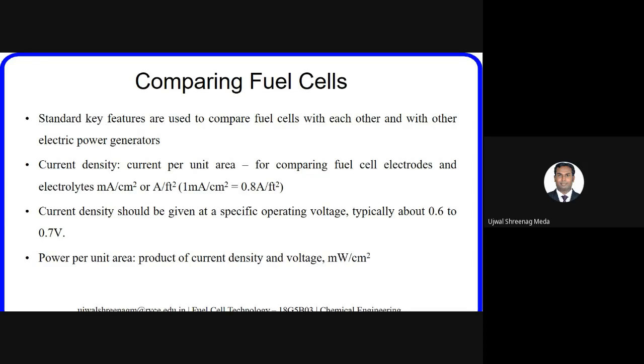That purely depends on the type of fuel cell. In some cases, it may go up to 0.85 and 0.9 as well. The next terminology is power per unit area. When it comes to power, there are three terms: one with respect to mass, another with respect to volume, another with respect to area.